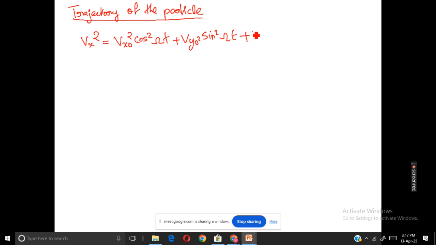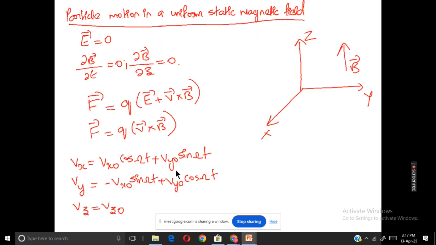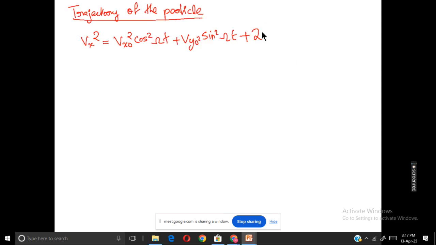plus 2 vx0 vy0 cos omega t into sin omega t.